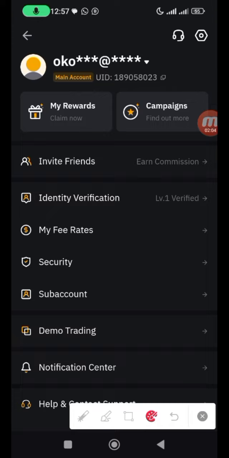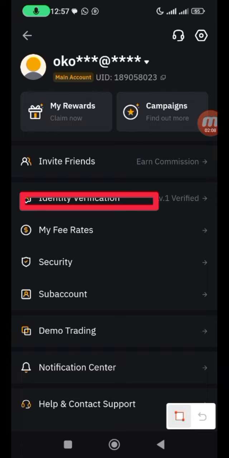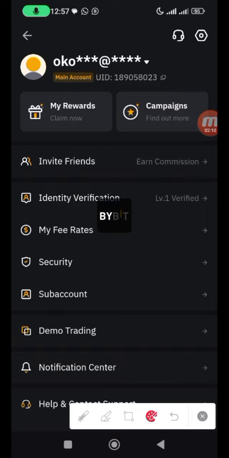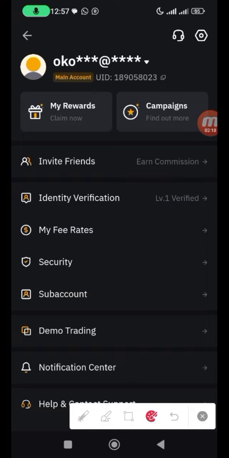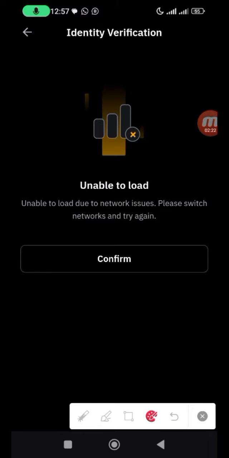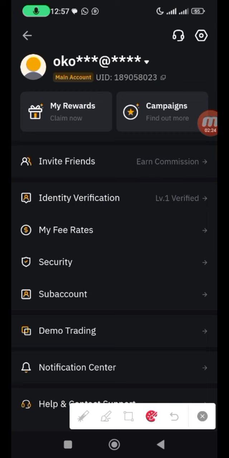So let's go to identity verification. Let's click on it. I think I have a network issue. When you come to identity verification, you are going to see level 1 and level 2. I did my level 1. With level 1 verification, you are good to go.